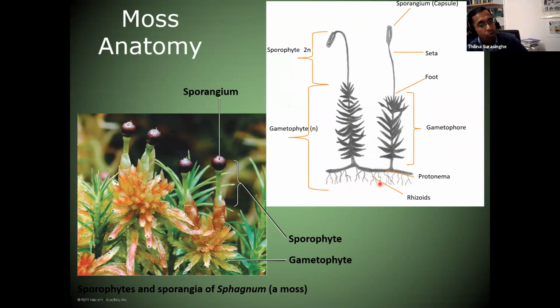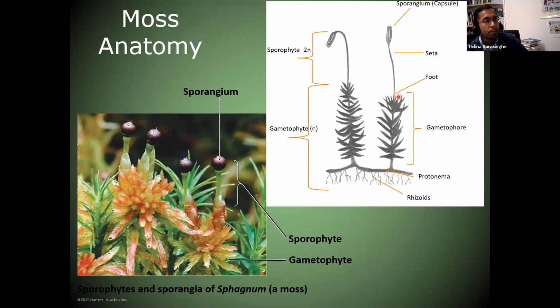They are pretty strong structures. Then the protonema is the initial development of the plant from the spore. And the structures that arise from the protonema are the gametophore.